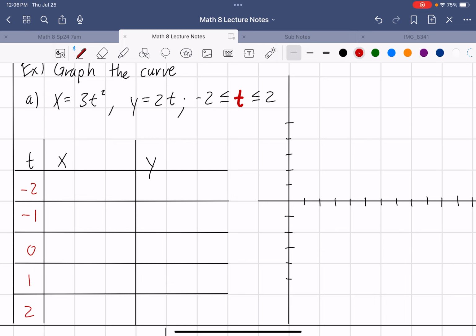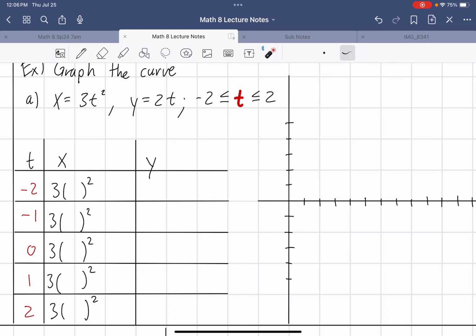So that's going to be 3t squared. We're going to do that for all of them. So I'm just going to start setting it up for the sake of time. Every time I plug something in, I always prefer to replace it with parentheses so that when I plug things in, it makes it more efficient and less likely for me to make any errors.